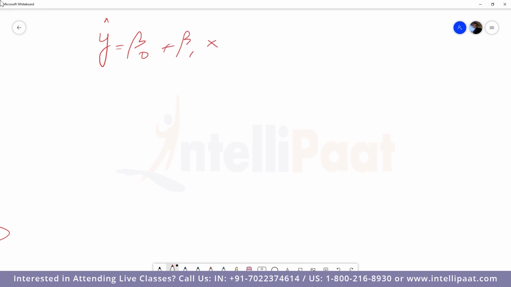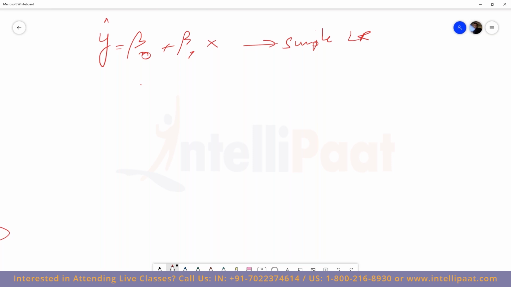In our case earlier, beta naught was nothing but your c and beta 1 was your m, logically speaking. But the reason we move away from the terms m and c is that if you were to generalize this for more than one predictor variable, then m and c may not be good enough. So you say y is equal to beta naught plus beta 1 times x. This is a simple linear regression.